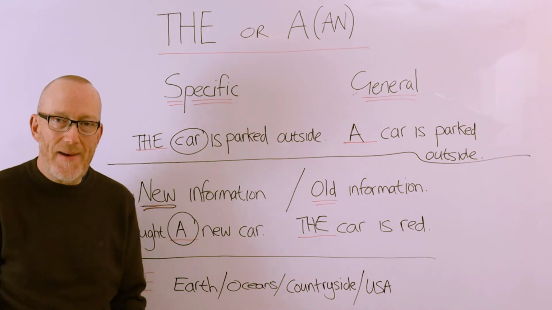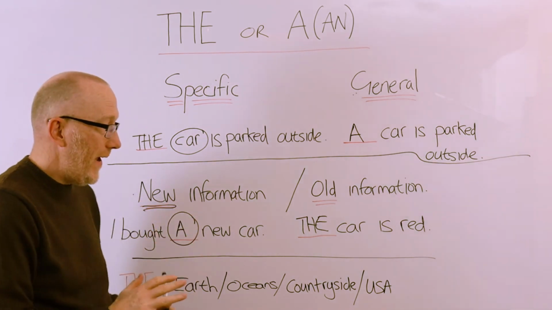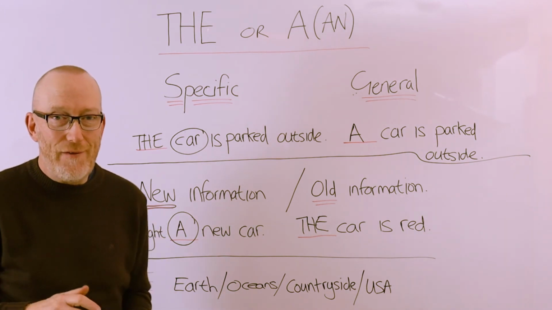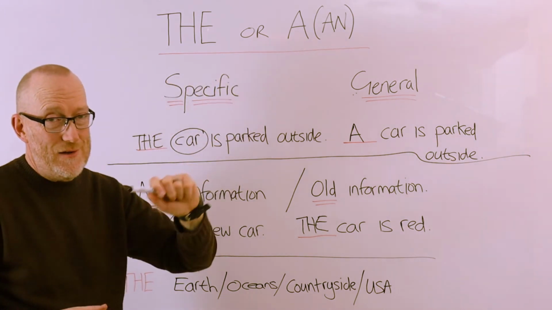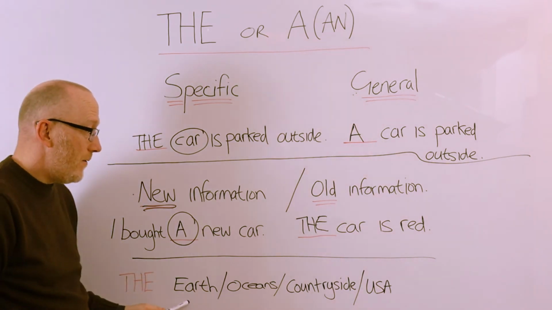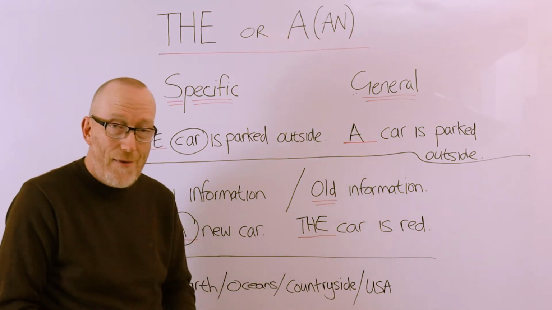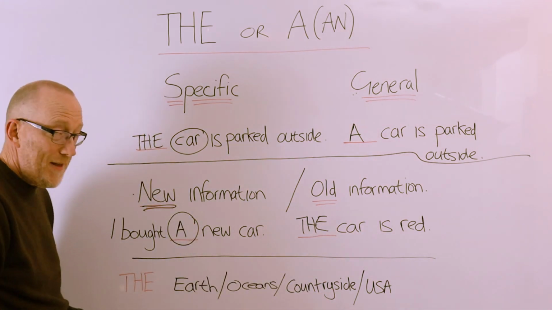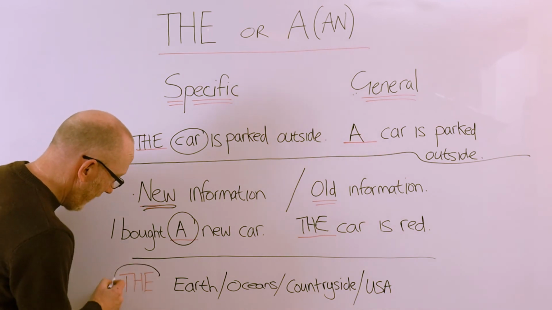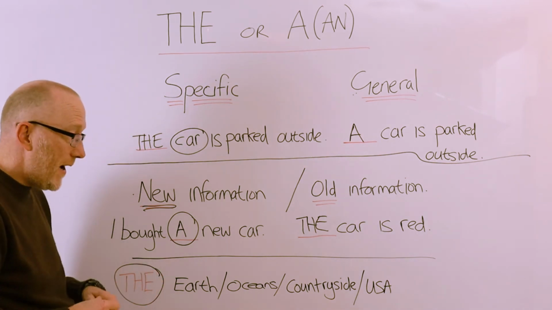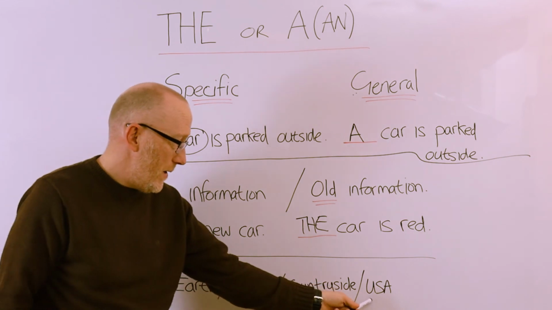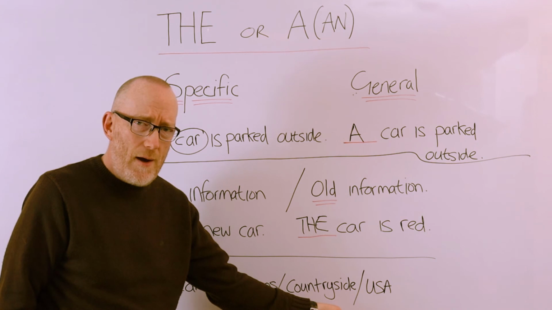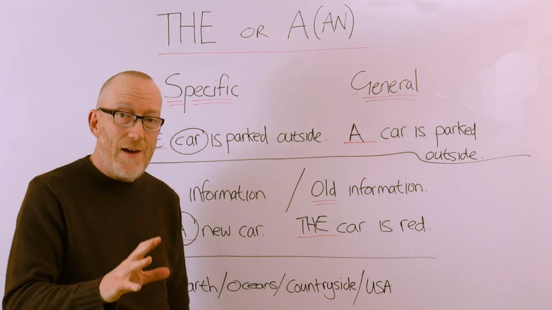Now, like I said at the beginning, this rule in general is quite good, but it does not serve every purpose of using these articles. There are some nouns that always take articles, and the article that they always take, in this case, is the. So you guys have probably heard that lots of people refer to not United States of America, not USA, but the USA.